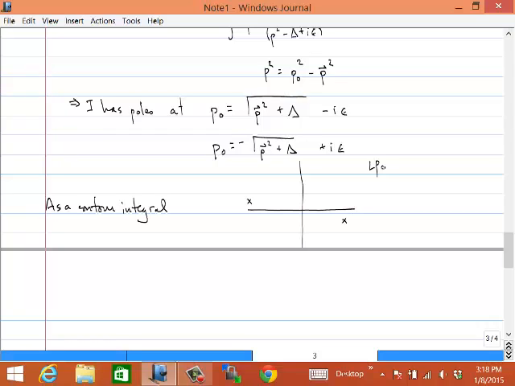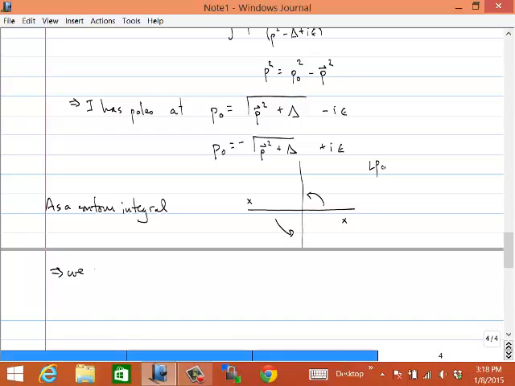And so that means that we can rotate the contour from the real p0 axis to the imaginary p0 axis without running into any of the poles, and thus without changing the answer for the integral.